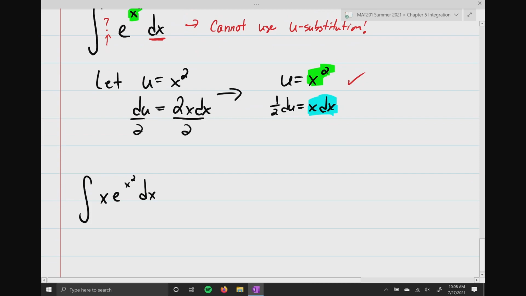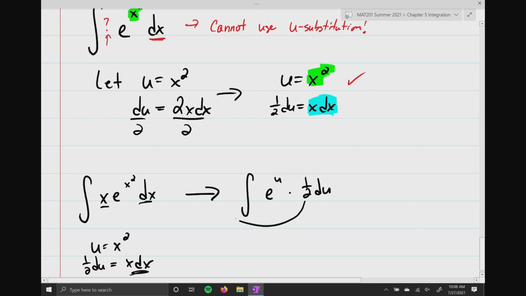So since we already have the U substitution above, I'm just going to rewrite it. So now my problem turns into the integral of e to the u times 1/2 du. Because notice here, now I have the x dx in my problem.